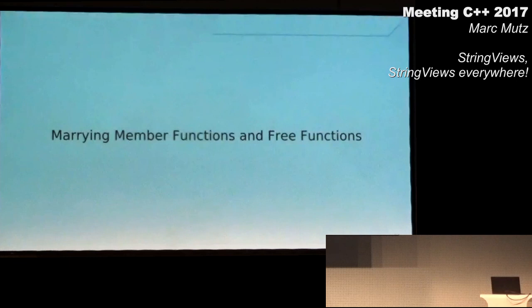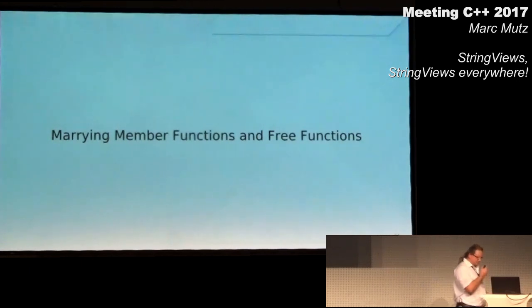You have .substring, and in Qt you have .mid and .left and .find, and the same on standard string. So you must provide member functions too. You cannot tell your clientele that, oh, I made this string view, but now you need to rewrite all your code from member functions to free functions.